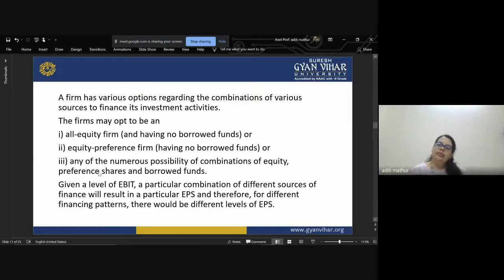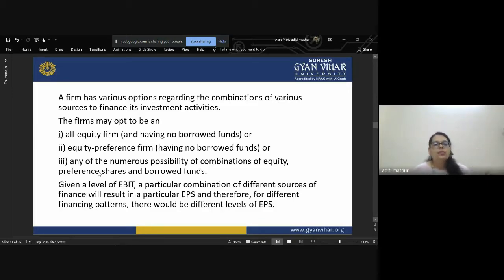Then another category of firm is equity plus preference. That means again there is no debt part, but you have preference shareholders with you, right? And the third is that there are various combinations, that means you have some amount of money from equity, some from preference shares, and some you have borrowed.